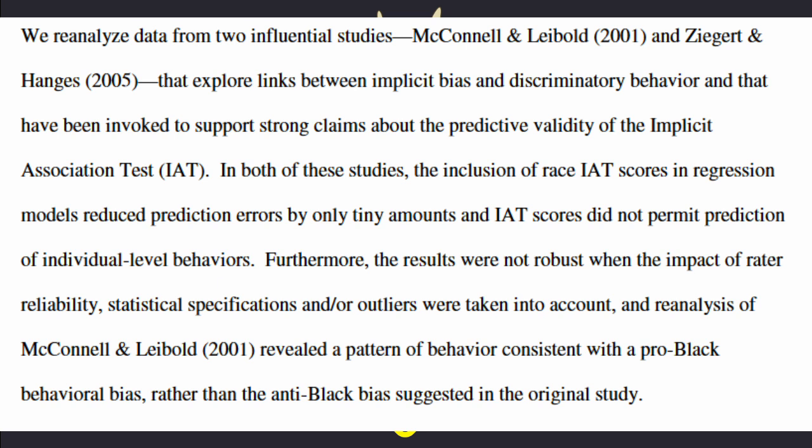In both of these studies, the inclusion of race IAT scores in regression models reduced prediction errors by only tiny amounts, and the IAT scores did not permit prediction of individual-level behaviors. Furthermore, the results were not robust when the impact of rater reliability, statistical specifications, and/or outliers were taken into account.